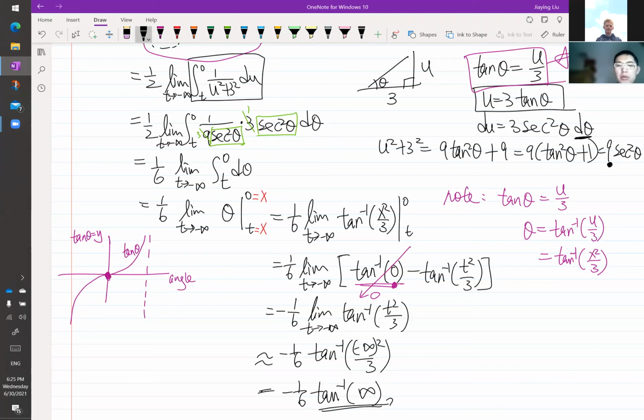So you probably wonder, how do I find out this part? Inverse tangent of infinity. This one says the y value is infinity. What is the angle?